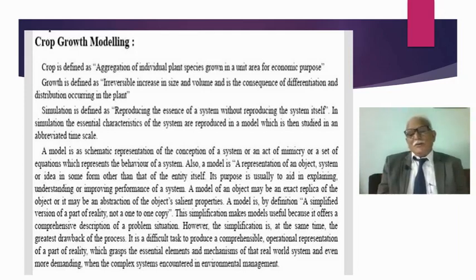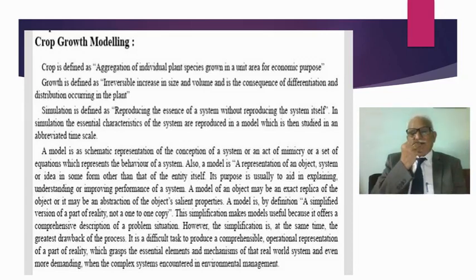Actually, before we go into what is crop growth models, we should understand what is a crop. In crop physiology course, you must have understood crop. But for your academic interest, I am telling you, crop is defined as aggregation of individual plant species grown in a unit area for economic purpose. Finally, farmer needs food. He has to feed his stomach.